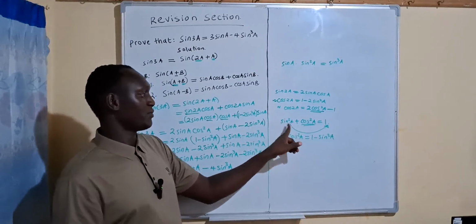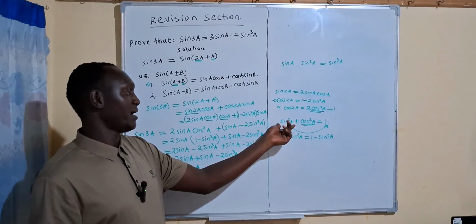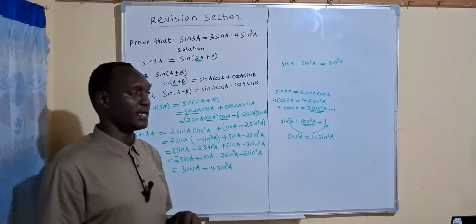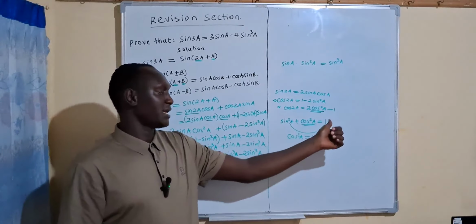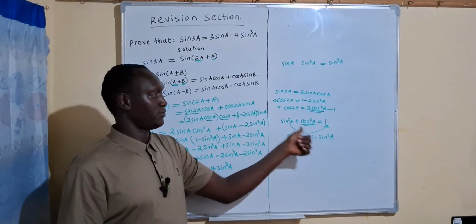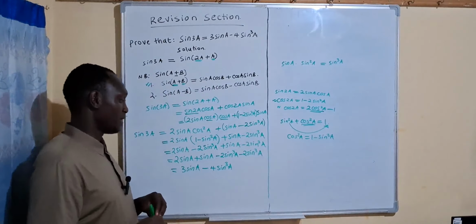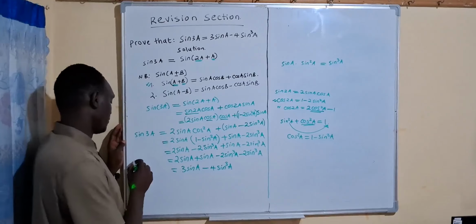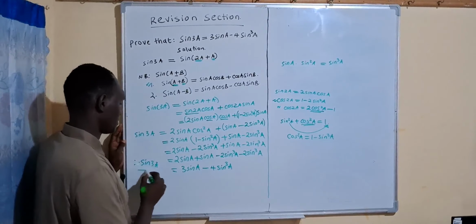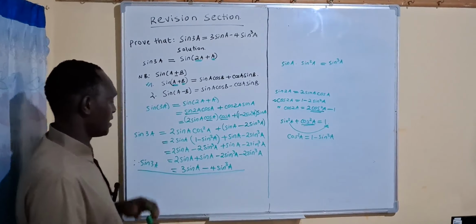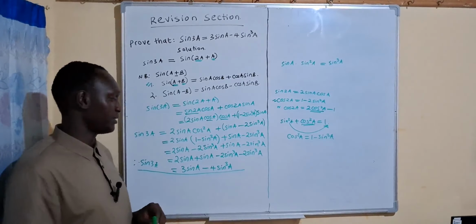From here you can change: if you are looking for sine square A, you take cos square A that side and subtract. But if you are looking for cos square A, you take sine that side and subtract. You just follow the laws of crossing the equal sign of linear equation. So therefore, this is the proof that sine of 3A is actually the same as 3 sine A minus 4 sine cubed A.